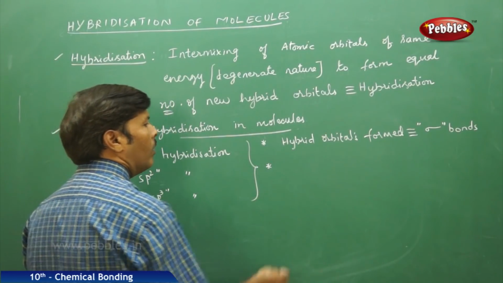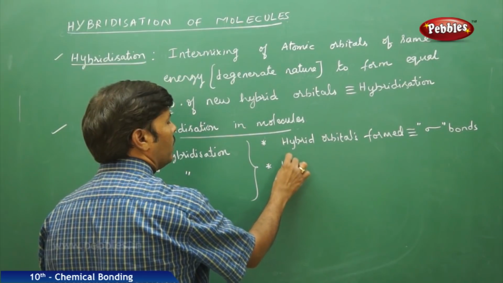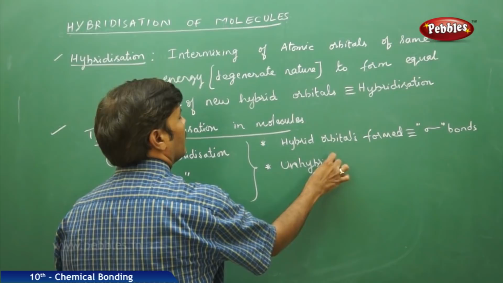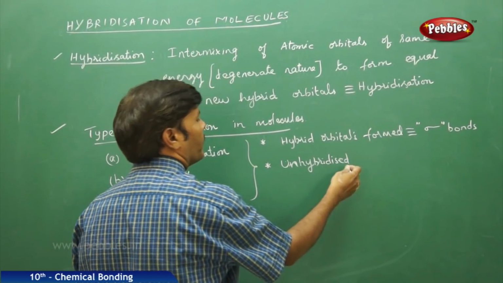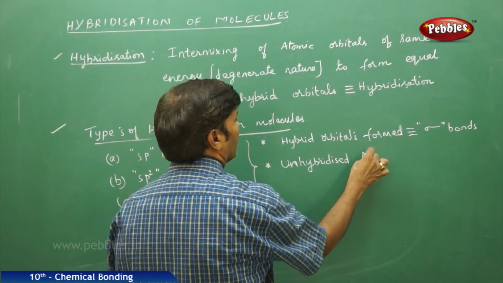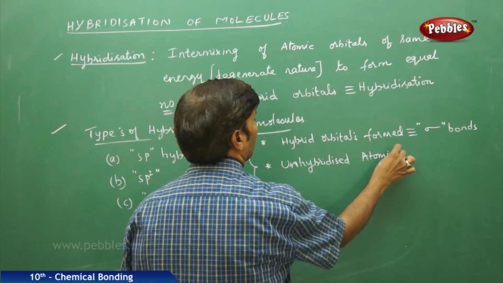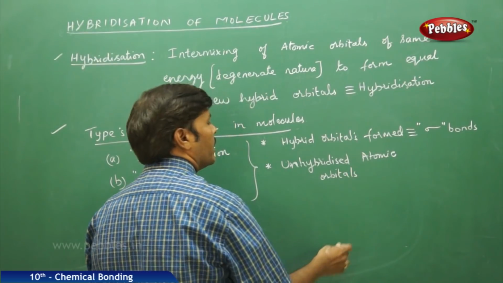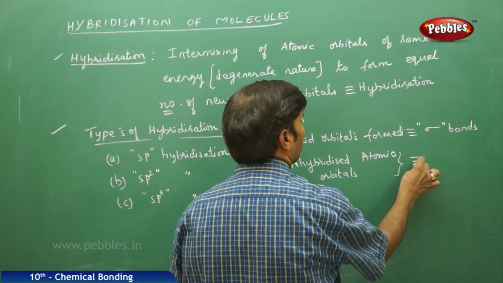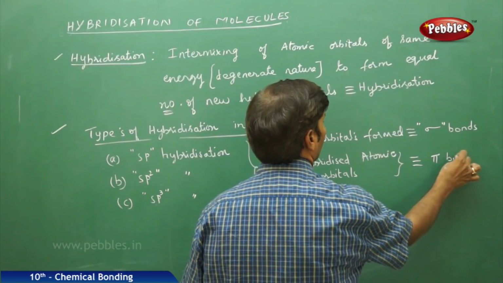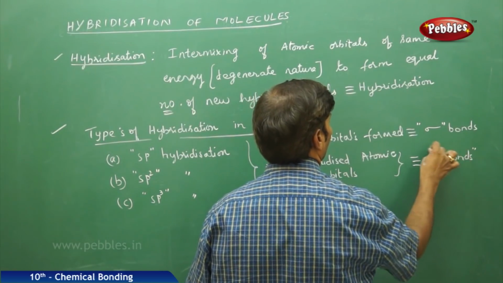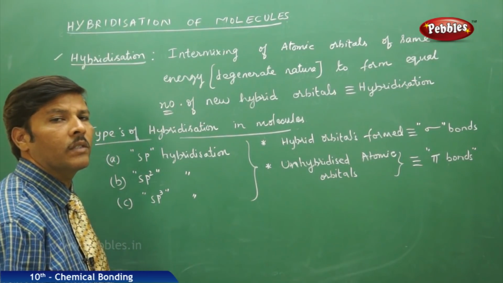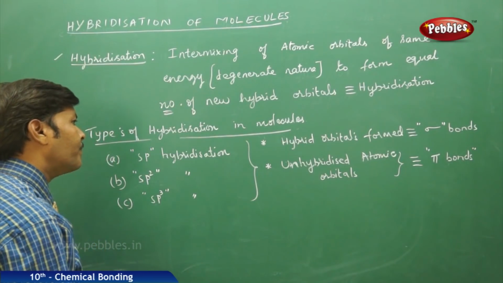Similarly, all the unhybridized atomic orbitals always result in the formation of pi bonds. Unhybridized atomic orbitals always result in the formation of pi bonds.